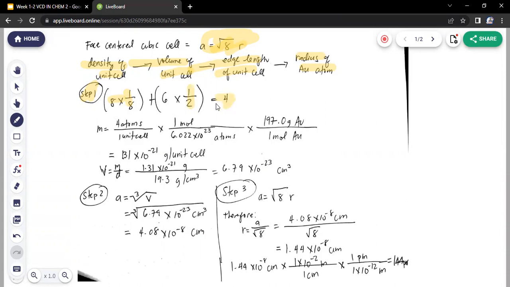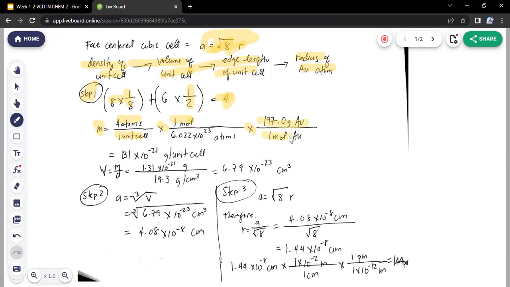And then the next thing that you need to do is find the mass of a unit cell in grams. You have 4 atoms in 1 unit cell, multiplied by 1 mole, and in 1 mole there are 6.022 times 10 raised to 23 atoms. And then multiplied by the molar mass or atomic mass of gold, which is 197.0 grams in 1 mole.